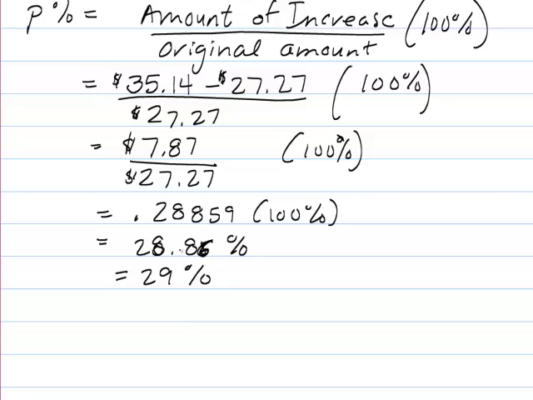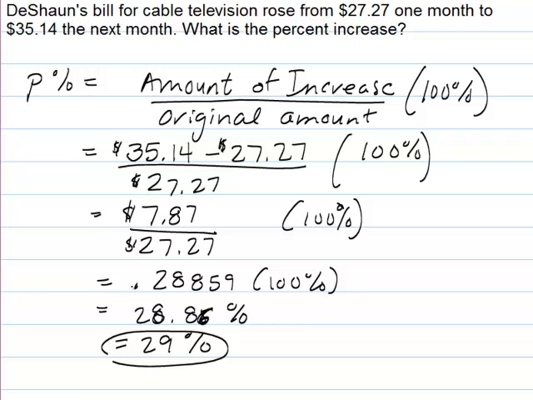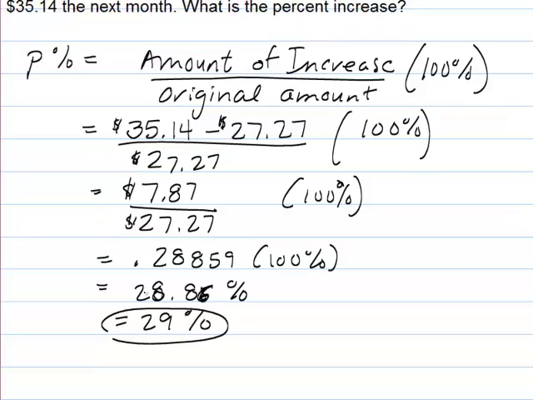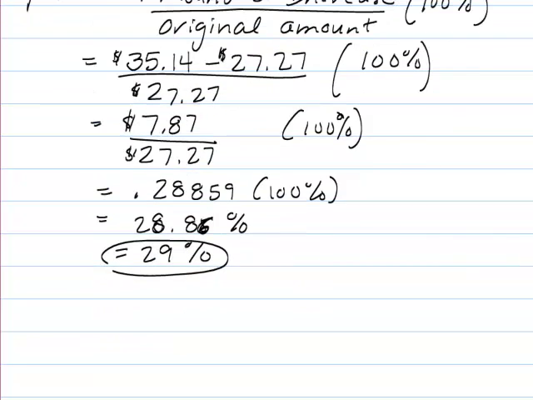We're rounding to a whole percent, so we look next door. This digit is greater than 5, so we add 1, and 29%. So the bill went from $27.27 one month to $35.14 another month. That is an increase of 29%.